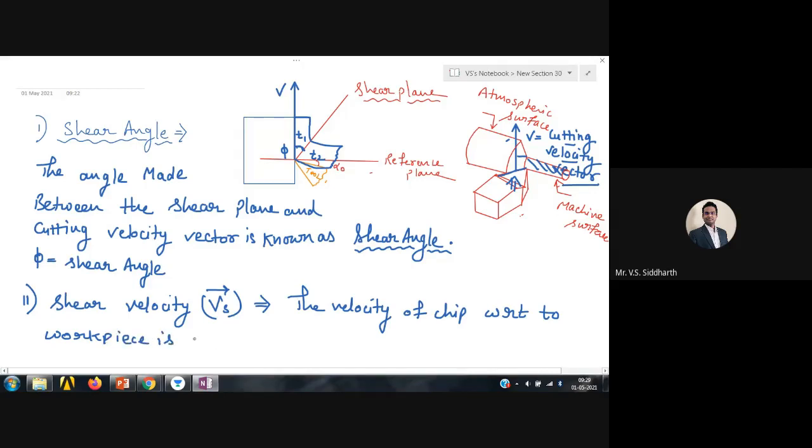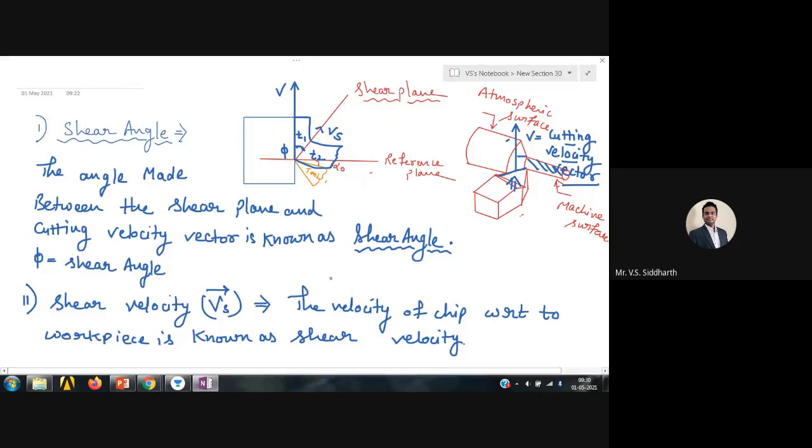The velocity of chip with respect to workpiece is known as shear velocity. So basically, what is shear velocity? Shear velocity is this one. This is Vs. It is shear velocity.